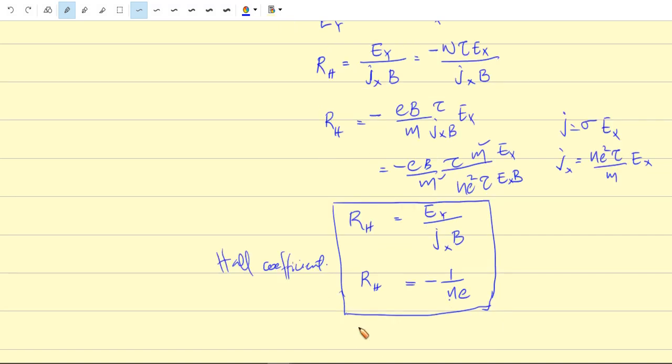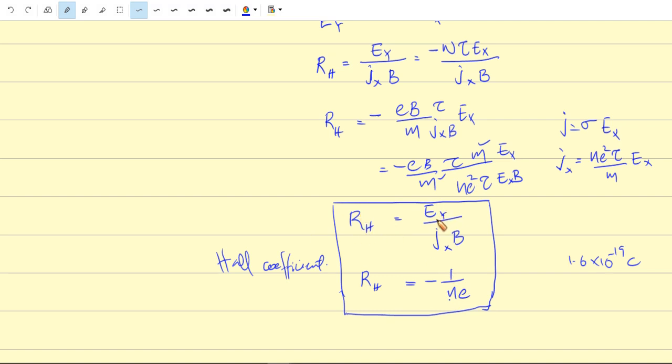This Hall coefficient is negative for free electrons. The value of e is 1.6 into 10 raised to minus 19 coulomb. So if we can find out the Hall coefficient, we can find out the carrier concentration n. The Hall coefficient is obtained by this relation.